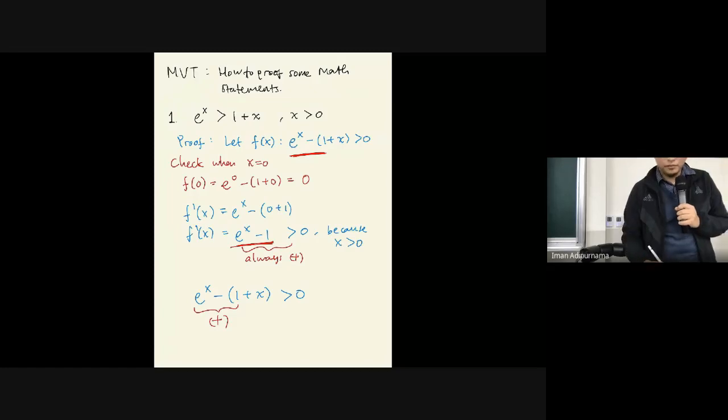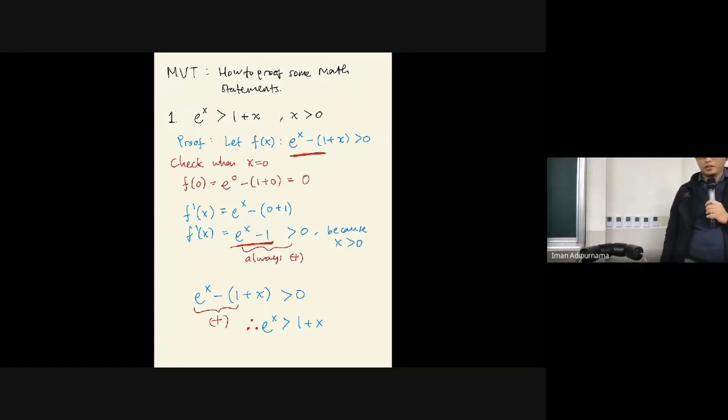Because this is always positive, then e to the x. Okay, so the statement is indeed true.